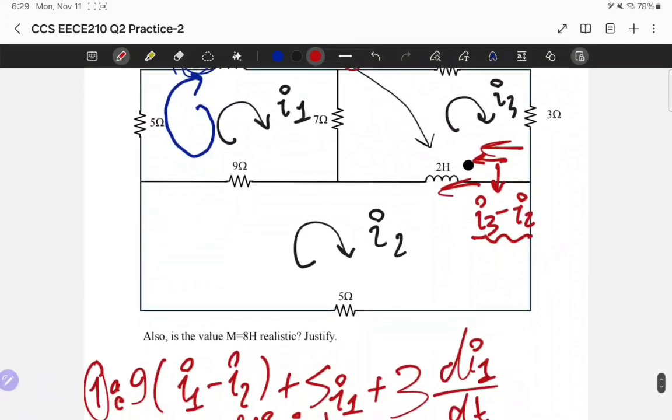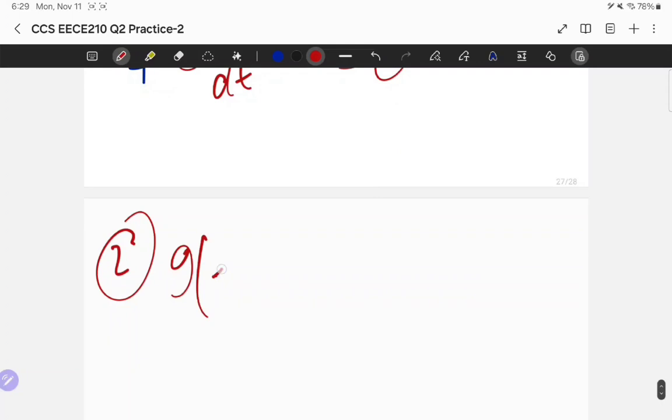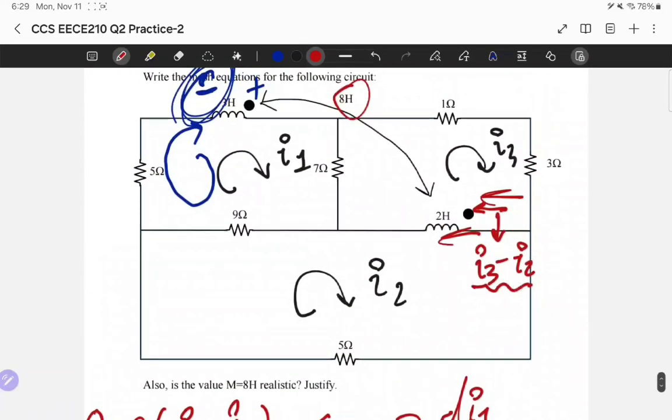Mesh 2 across I2, I have 9 times I2 minus I1, plus the inductor. Now I forget about mutual coupling and I focus on the inductor itself, which is L dI/dt, I being the current that is flowing regularly through the inductor.